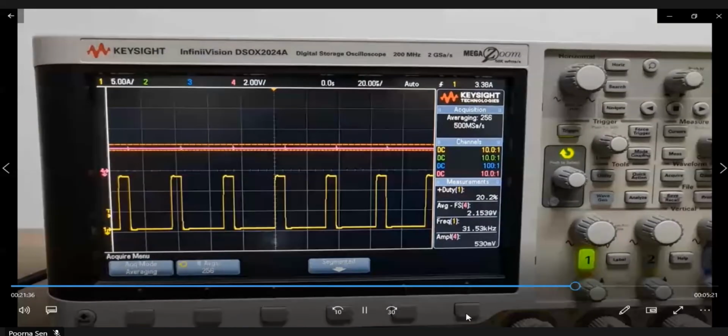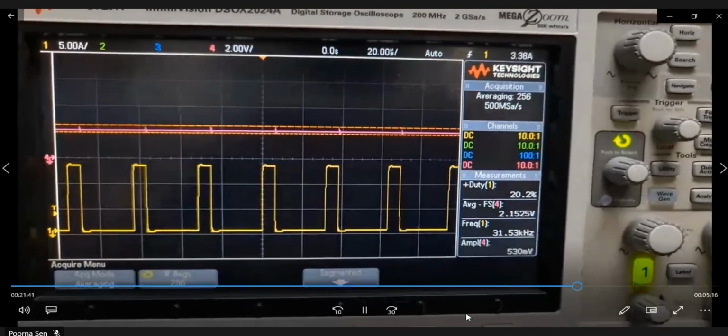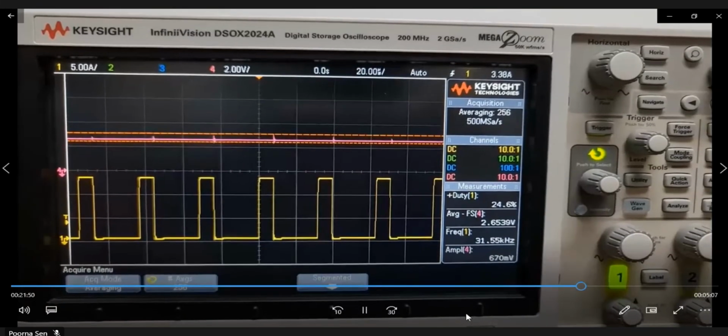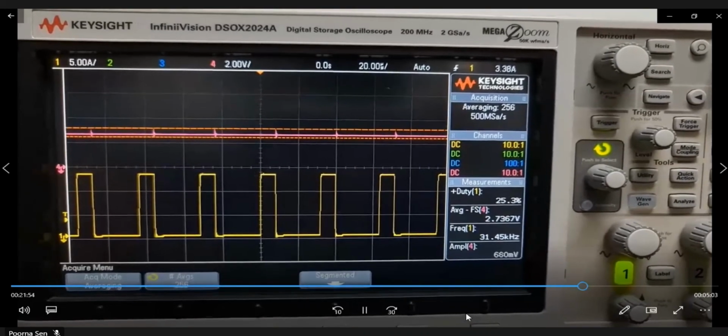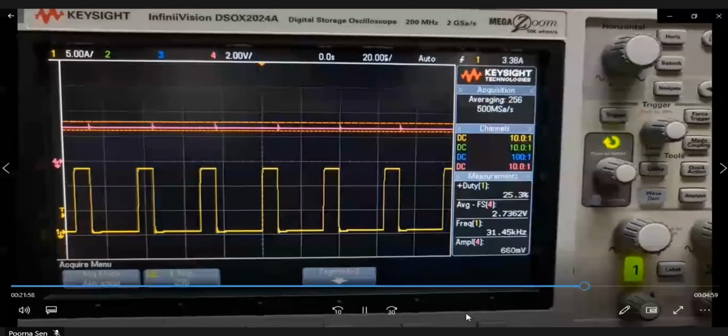The output voltage is 2.152 volts and the load current is 110 milliampere. Duty ratio now is 25.3%. Output voltage is 2.736 volts and the load current is 140 milliampere.